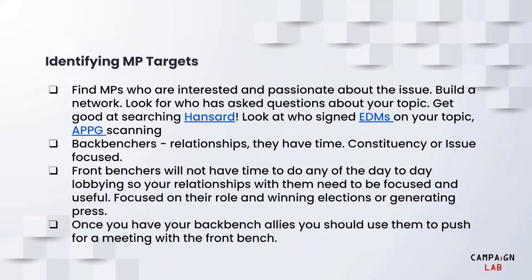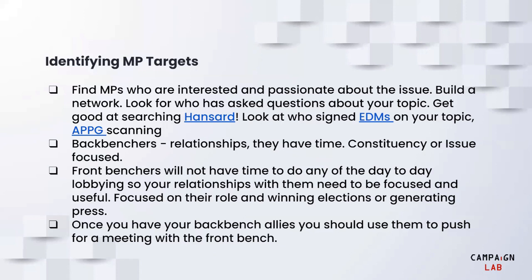Again, Rahul talked a bit about doing your research. So there are some really useful data sets that you can go and look at to find out who is interested or passionate about your issue. You want to build a network of MPs who are passionate about the thing that you want to see done. So the best thing is to go back and look at who has talked about this before.